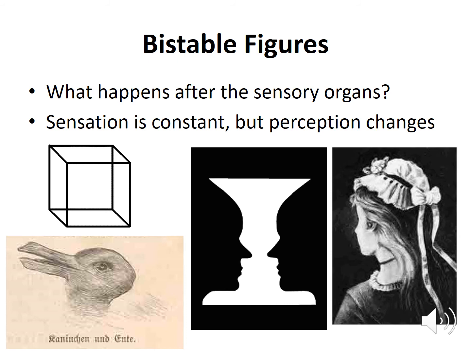Now, why are bistable images so interesting or fascinating even? I think it shows again the main message of this lecture, that illusions show that perceiving is more than just the direct experience of a visual input, like sensation.